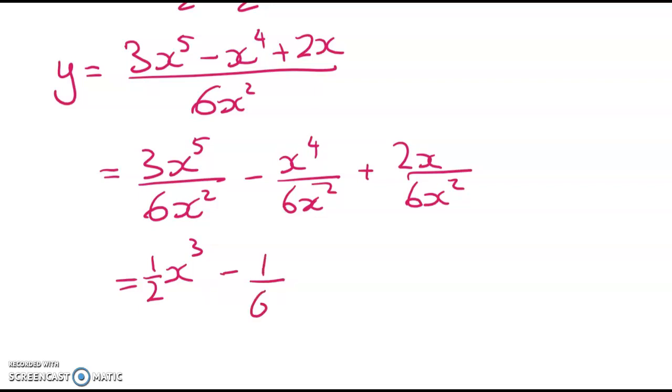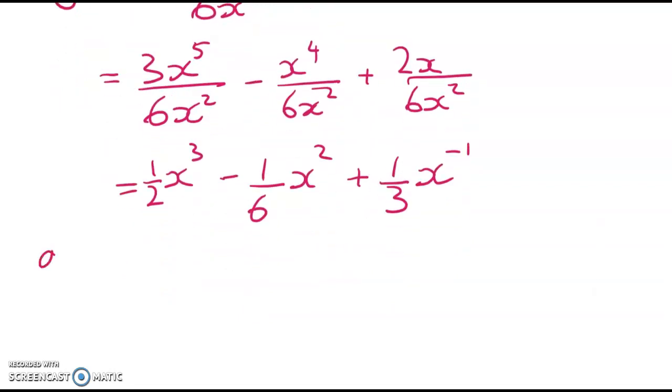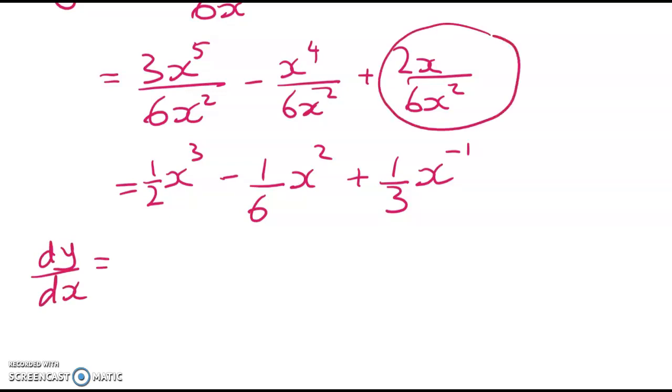It's harder to muck up if we do it like that. Okay, so 1/6 x squared plus 1/3, and I'm going to write this as x to the power of negative 1 because I know that I'm differentiating. So it's easier to have negative power than 1 over x, which is what I would have in here. So this is 1 over 3x.